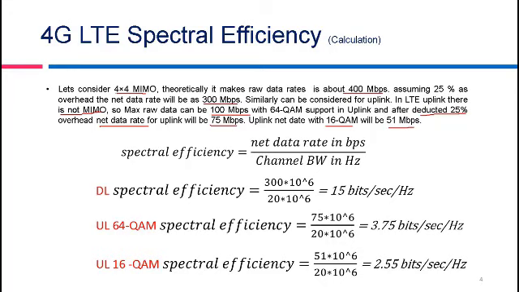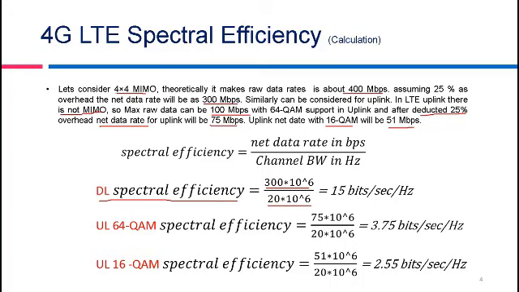So we got these values, and we can simply put them in the spectral efficiency formula. Downlink spectral efficiency can be calculated here. This 300 Mbps is the net data rate, and I have taken 20 megahertz as the channel bandwidth.